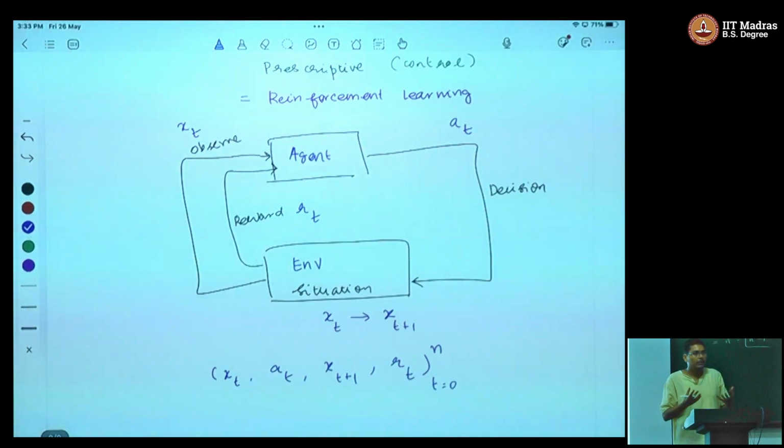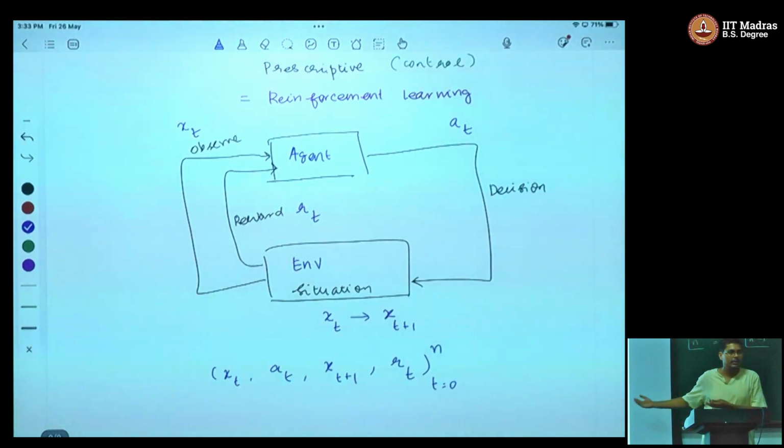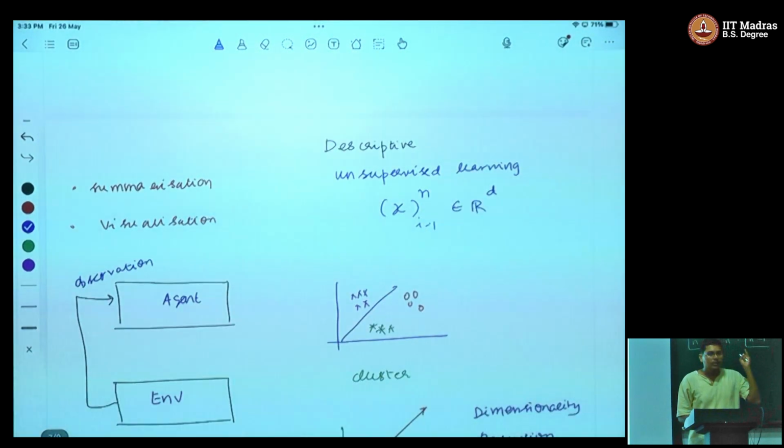So all that you are doing is working on this data. This is the data that all the while we are calling experience, previous experience. We learn from this. As you can see, the data gets more and more sophisticated.